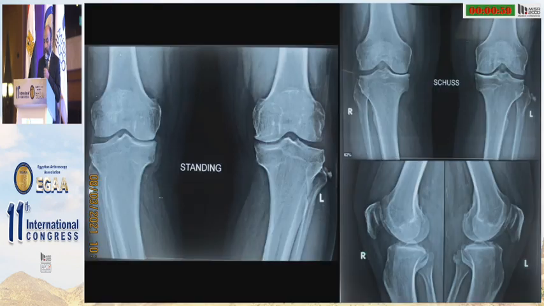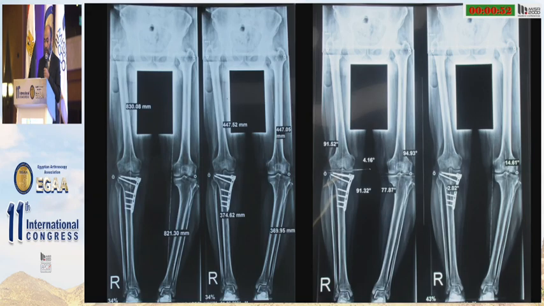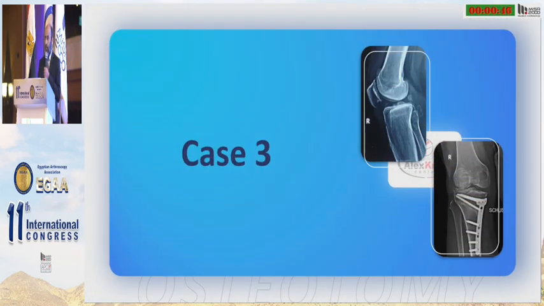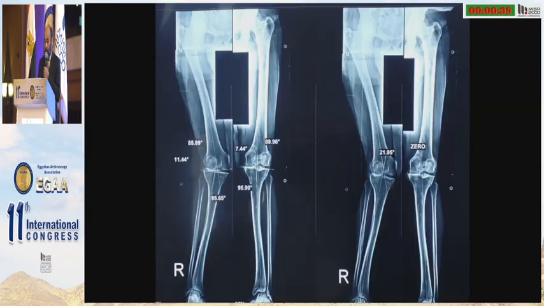Case number 2 with increasing degree of arthritis. This is a rather more severe degree, and this is what we do here. This is the osteotomy, and this is the post-operative alignment. Going into depth more and more for severe cases, yes, I do osteotomies. This patient, would anyone in this room recommend anything rather than doing total knee arthroplasty for him? I would do.